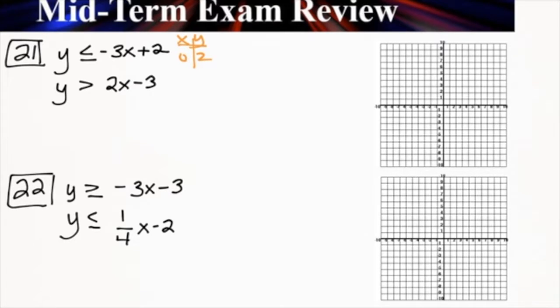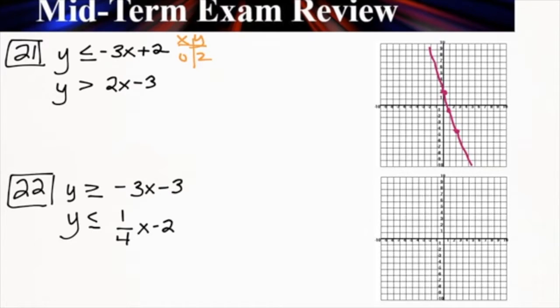So for the first equation, I'm going to be at 0, 2, and we're going to use pink for the first one. Okay, and then I'm going to go down 3 over 1. Okay, and there's my first line right there.